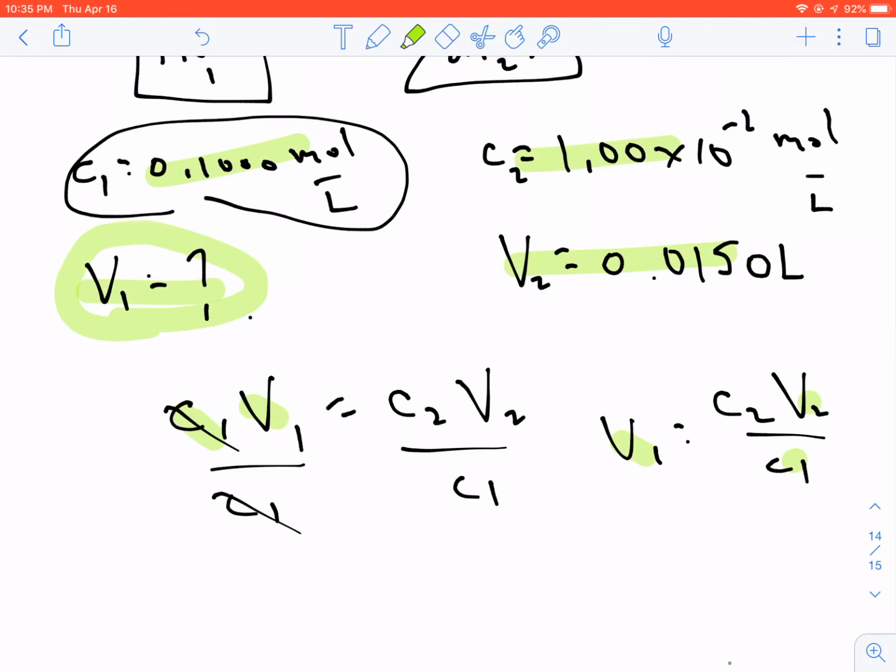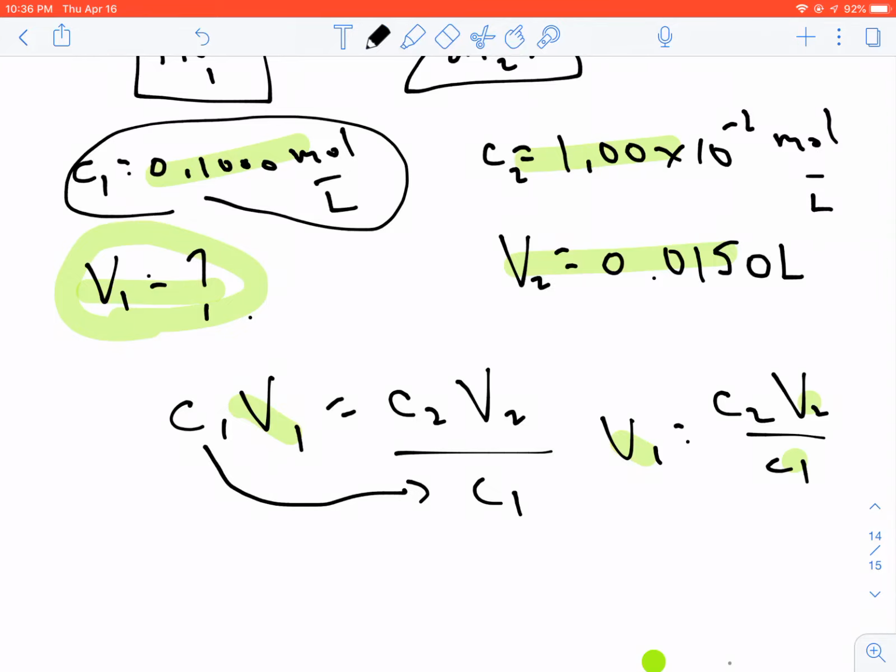Now note the other way to do this. Let's get rid of all this. So there's my original formula. C1 V1 equals C2 V2. Again, remember, if I'm trying to isolate V1 here, all I'm going to do is take my C1 from here down to the denominator on this side, and it will disappear.